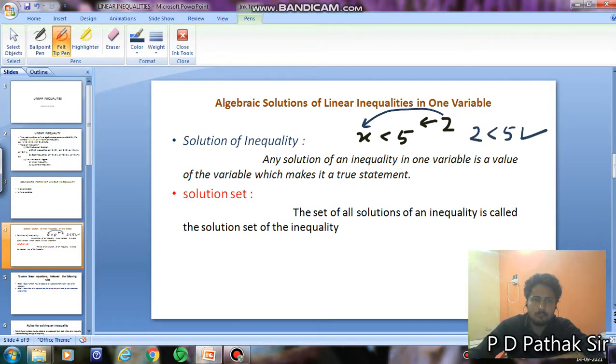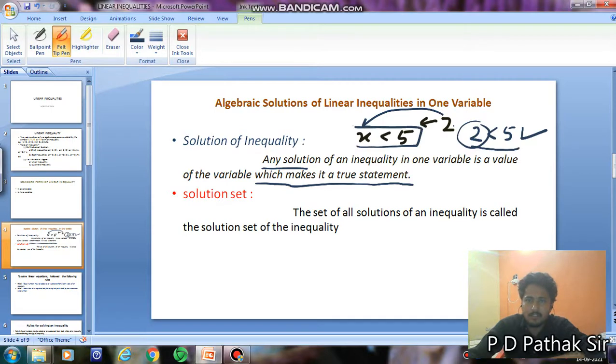And according to the definition, a solution is a value of the variable which makes it a true statement. Like 2 is the number which makes this inequality a true statement.